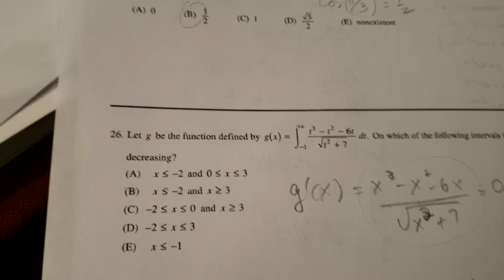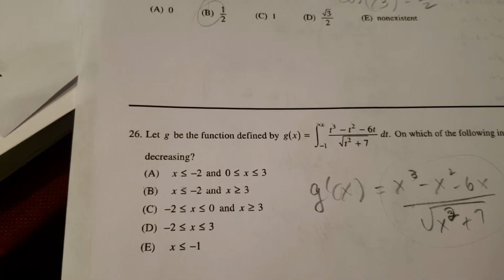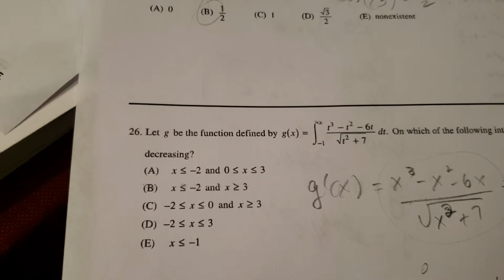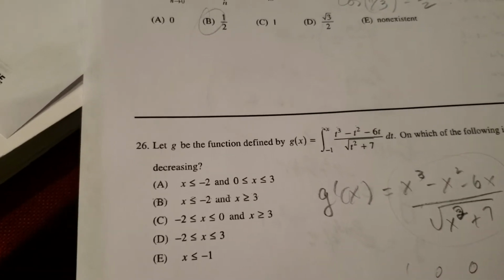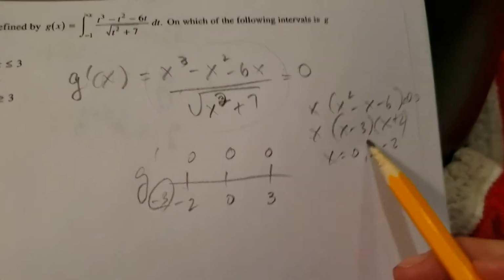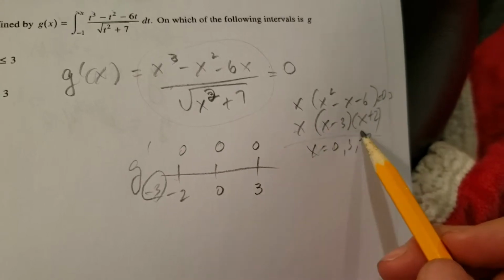Okay, so now we just have to do the sign analysis chart. G prime, if you plug in negative 3 into here, because it's easier to see the sign.